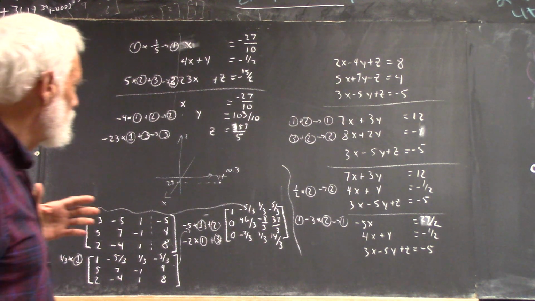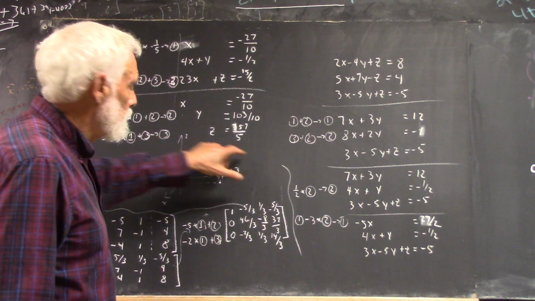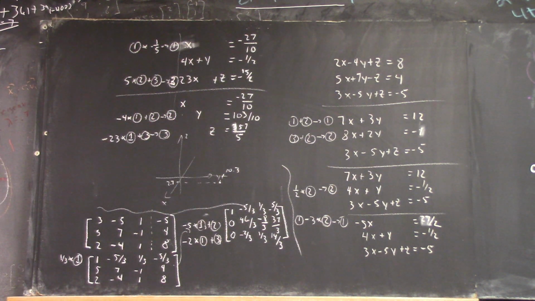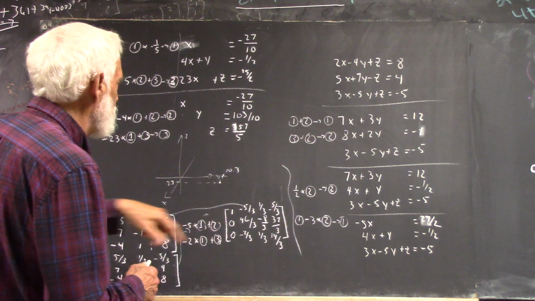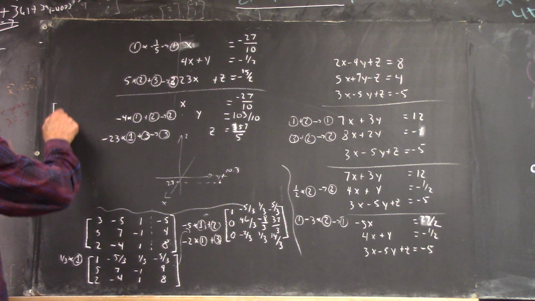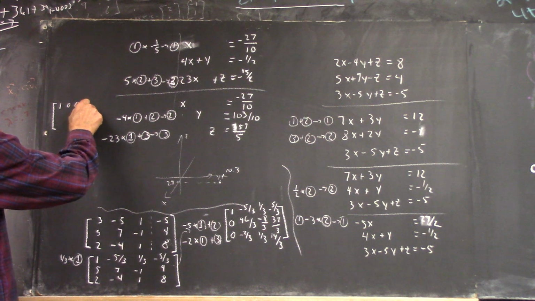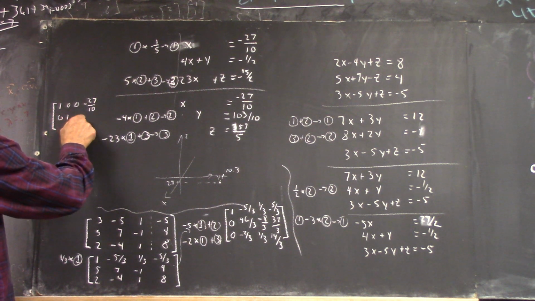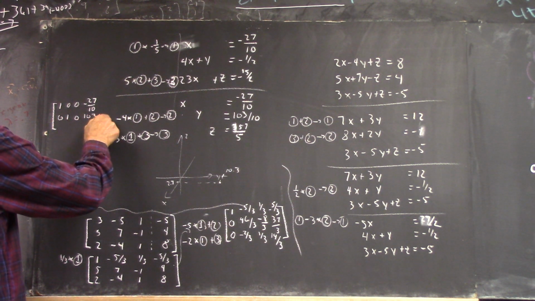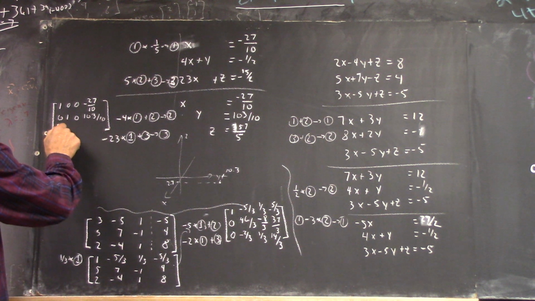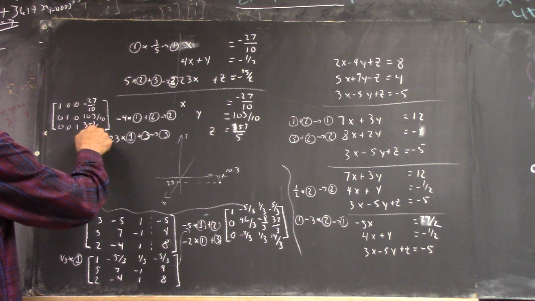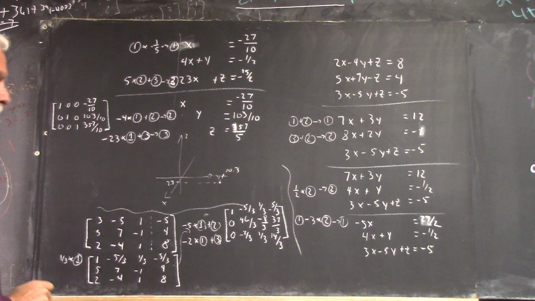Now, what I ultimately want is I want equations that look like this. Now, what would this equation look like in matrix form? It would look like 1, 0, 0, negative 27 over 10; 0, 1, 0, 1 over 3 over 10; 0, 0, 1, 357 over 10.